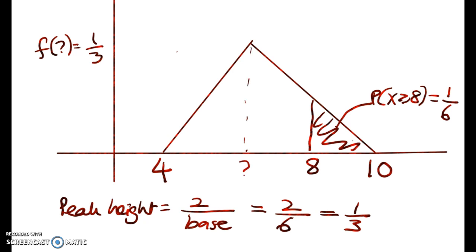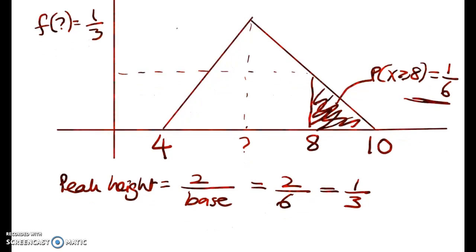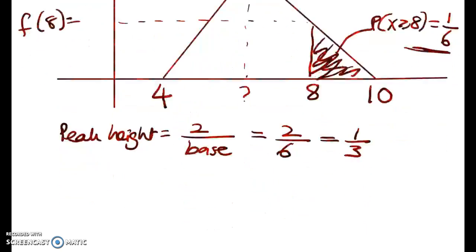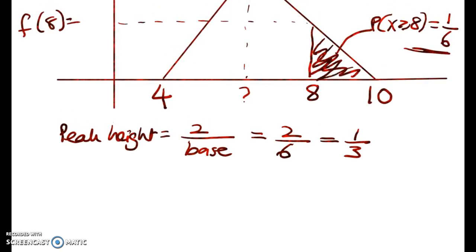The next thing we can do is work backwards from this to figure out what the height was at 8. So the next part of the problem is to say, what's f of 8? The probability in a triangular comes from the area of a triangle formula. So we know that 1/6 is equal to half times the base. The base here is from 8 to 10, and it's 2.